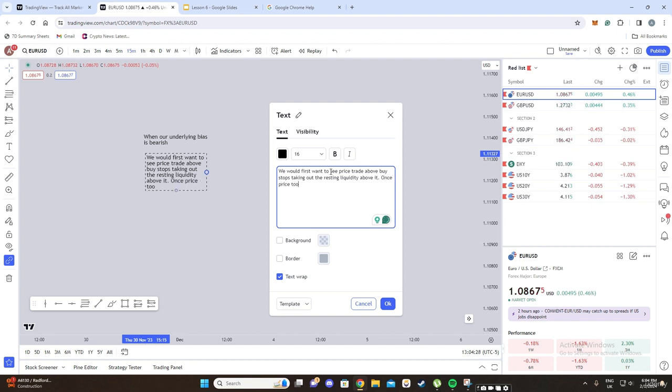Once price took out that liquidity, you would want to see a bearish displacement taking out a key low.